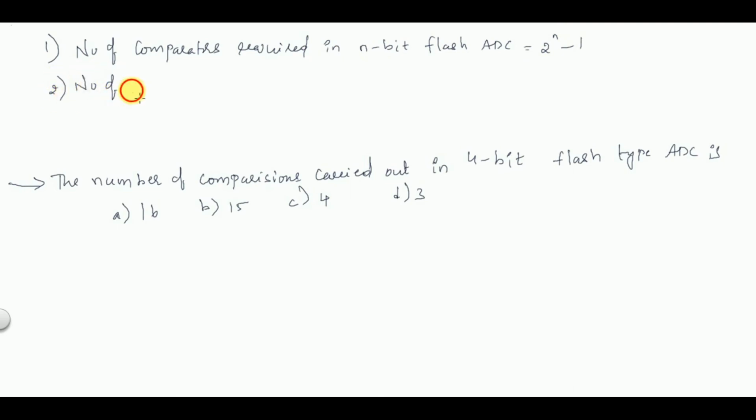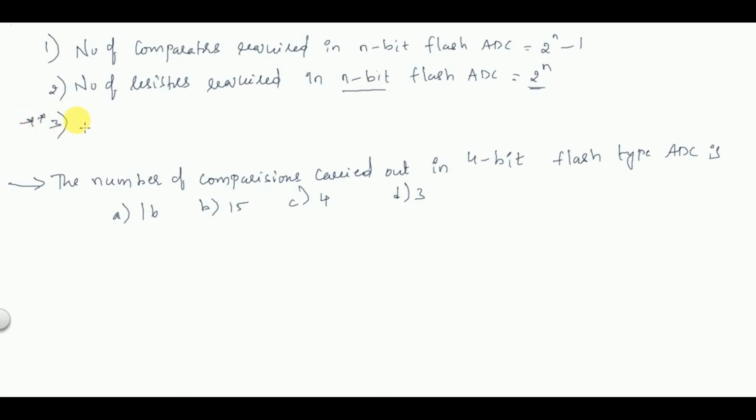The number of resistors required in n-bit flash ADC is equal to 2 power n. In the previous case we have seen 8, and for 2-bit flash ADC we have taken 4 resistors. So generally n-bit requires 2 power n resistors.